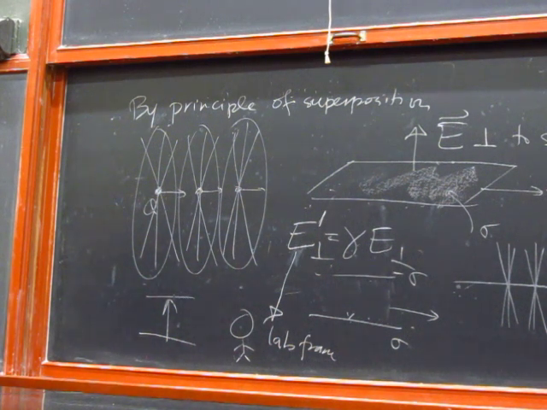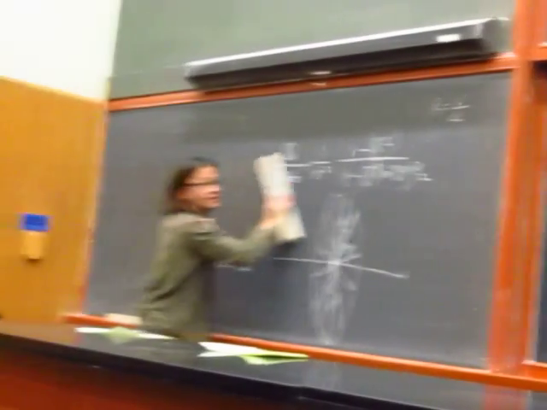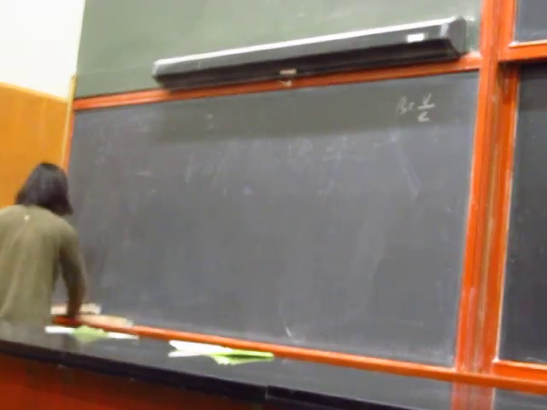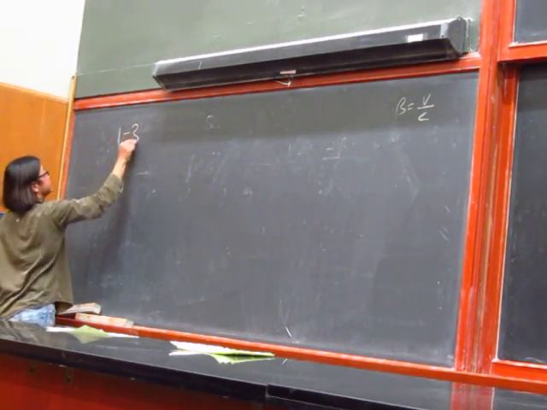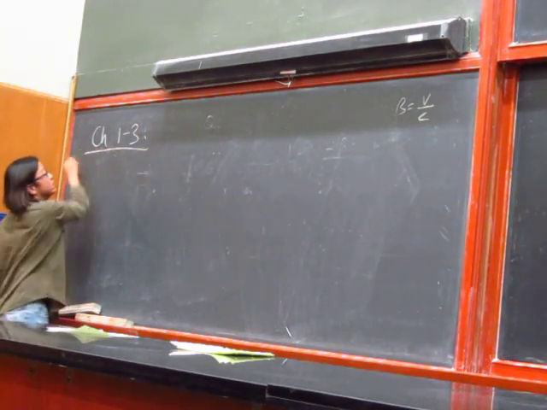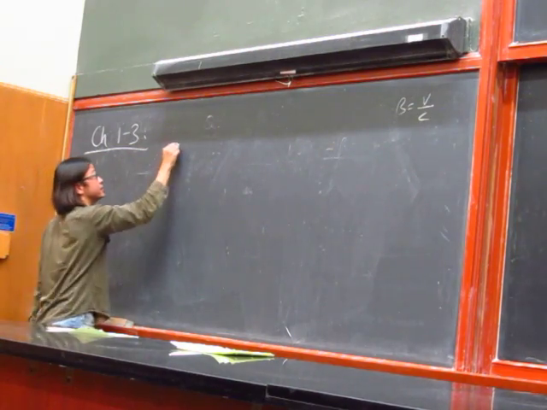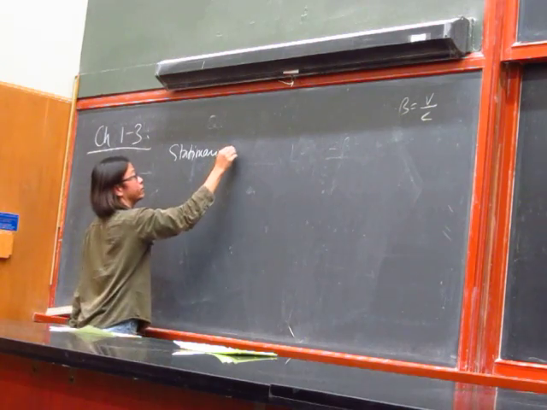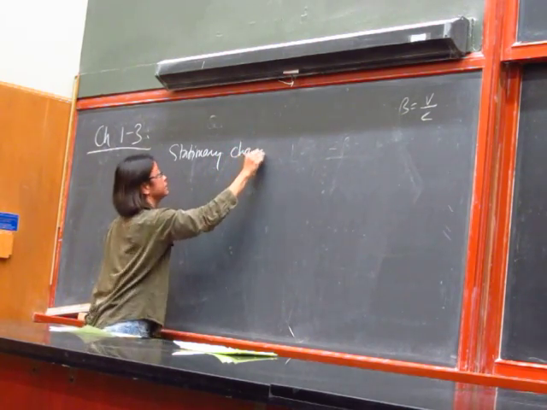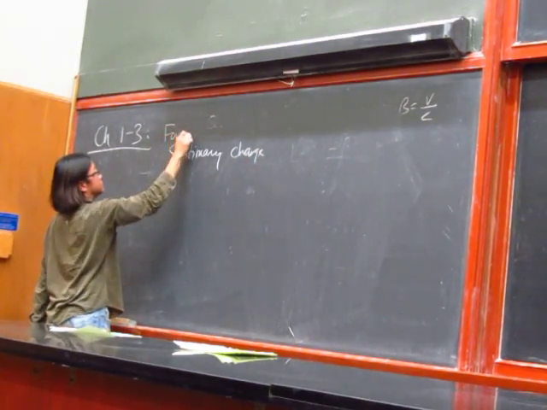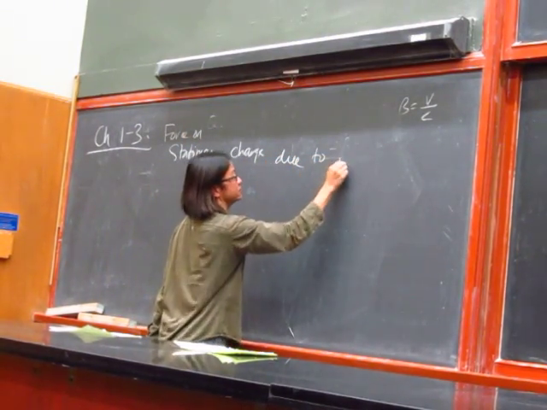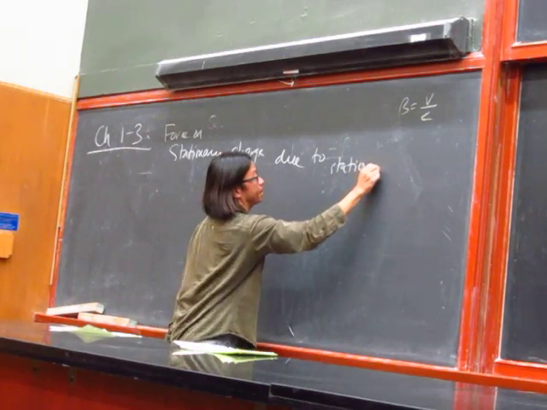So let's summarize. So far, in the first three chapters, chapters 1 to 3, we're mostly talking about the force on stationary charge due to other stationary charge.